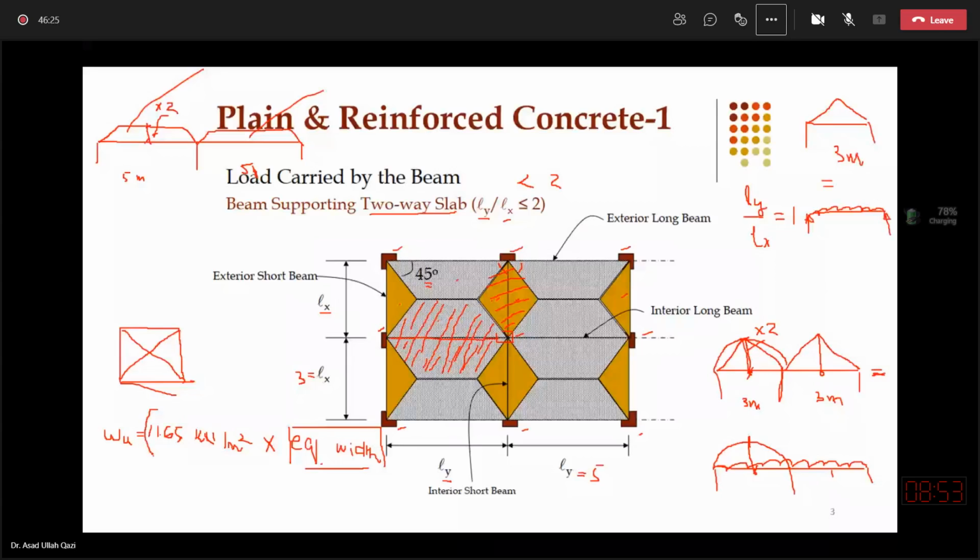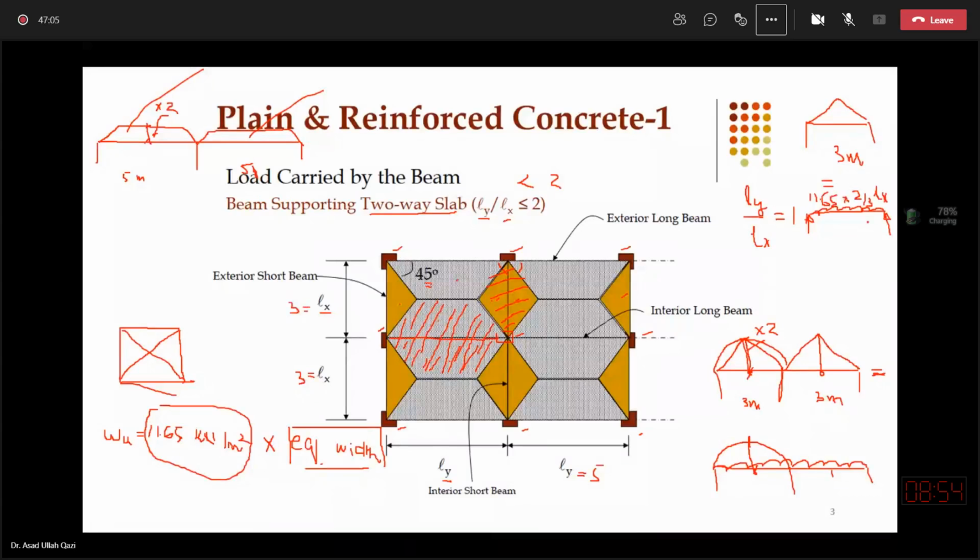So I will multiply 11.65 into 2 by 3 LX, and LX here is 3 meter for this slab system, because in a slab system the shorter span is always denoted with L subscript X and the longer with subscript Y. So 2 by 3 LX means 2 by 3 into 3.